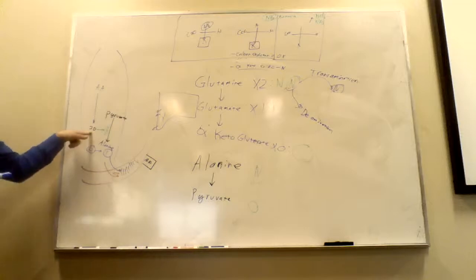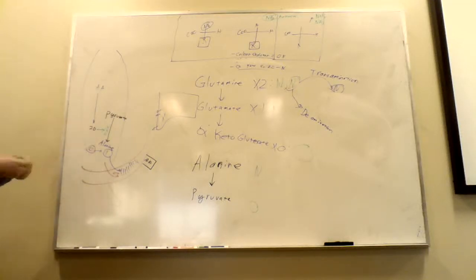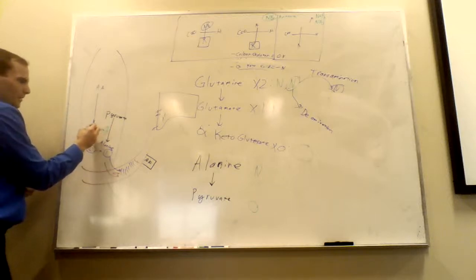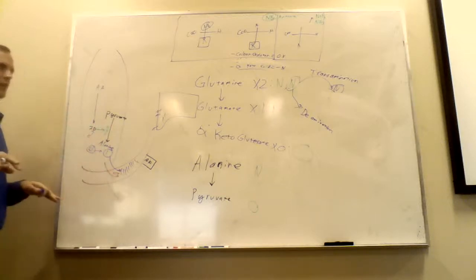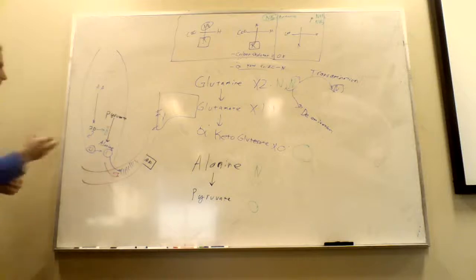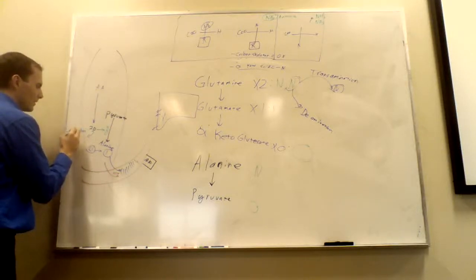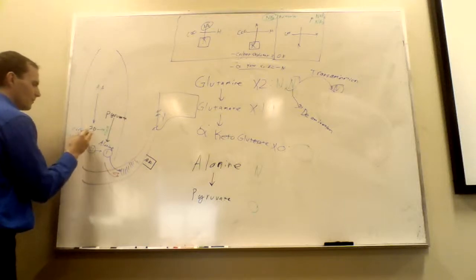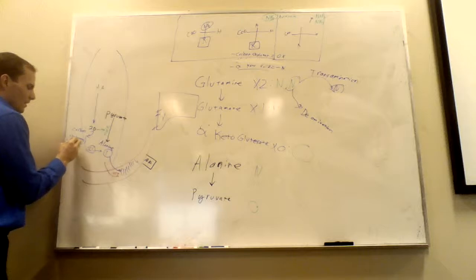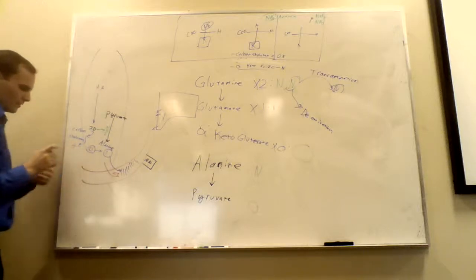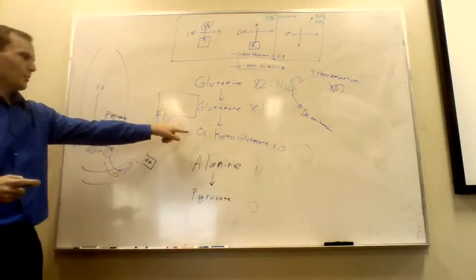What happens then to these 20 other amino acids? Once they have no nitrogens, they're no longer amino acids, so now they are all carbon skeletons. And we know two carbon skeletons already.